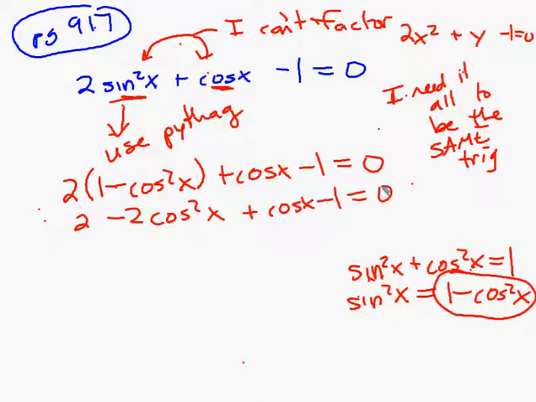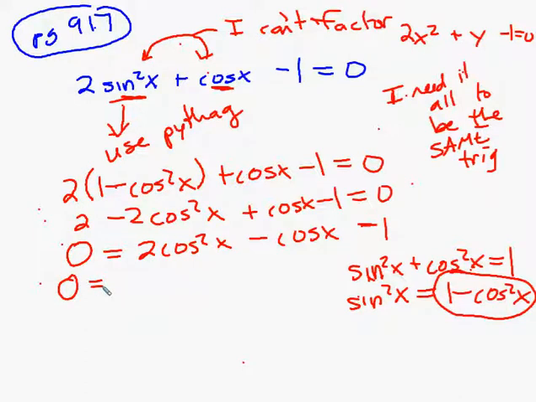Now, I always like my highest power to be positive, so I'm going to move everything to the right. So I'll have 0 equals 2 cosine squared x minus cosine x, and then that 2 minus 1 is 1, and then I'll subtract it. Okay, so I have that. And now I'm going to factor it.